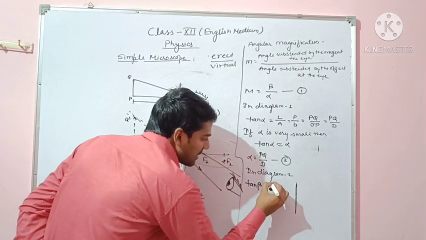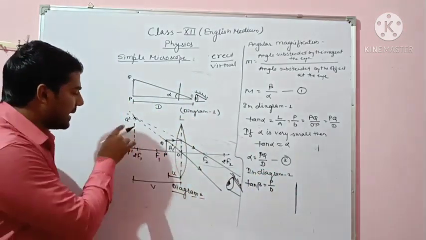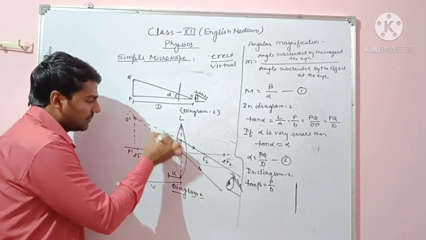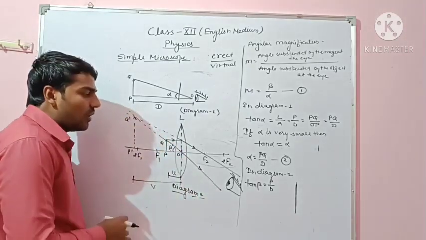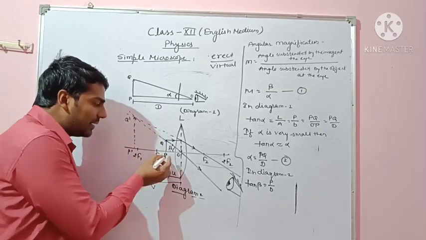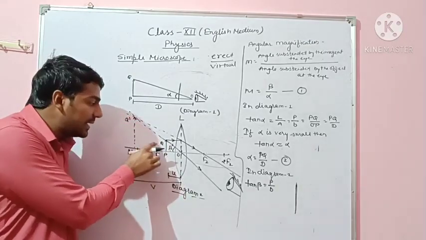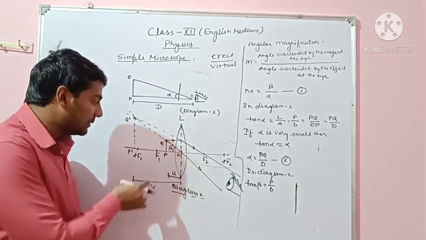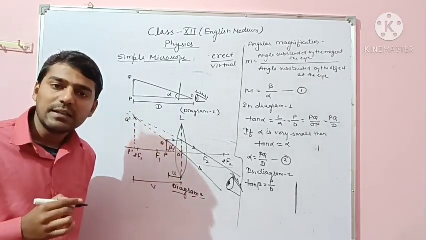Tan beta also equals perpendicular upon base. We have two triangles. First is P dash Q dash O, and the second triangle is PQO. So we take the second triangle PQO. What is the perpendicular? This PQ is the perpendicular. And what is the base?